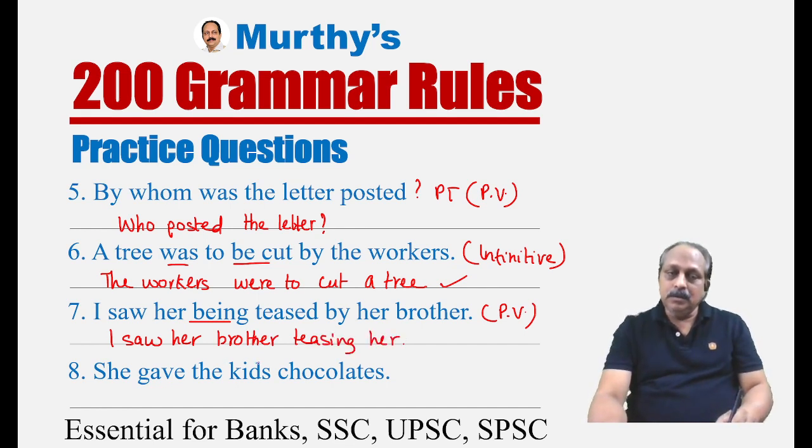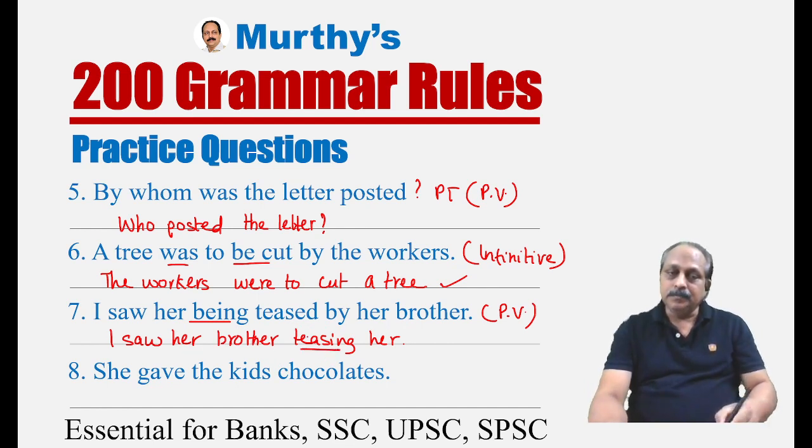How does it change? I saw her being teased by her brother. I saw her brother teasing her. Present participle.